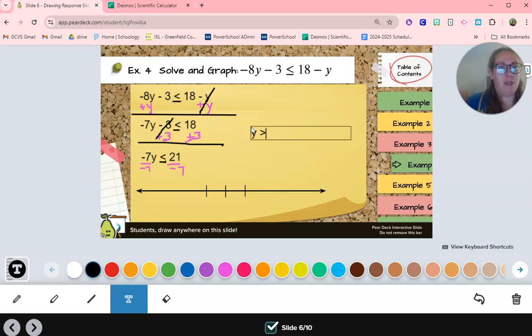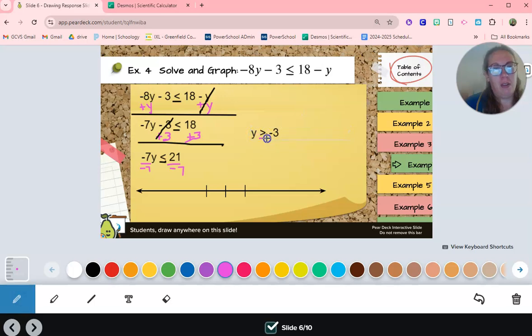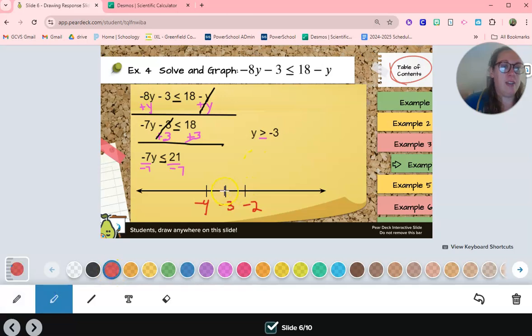So we get y is greater than or equal to negative 3. So I'm putting a solid circle at negative 3. And because it is greater, we're going to the right. I will finish this up in the part 2 of the video. So make sure you got this all down.